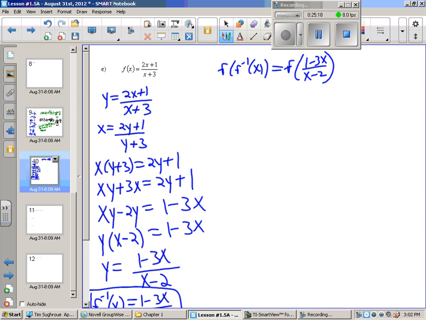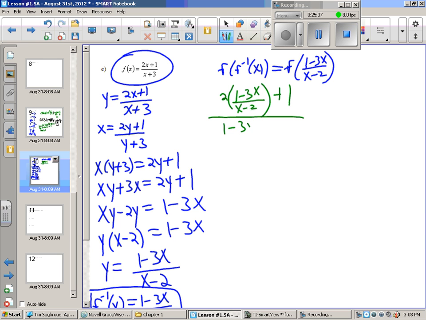It says take 2 times whatever comes in, add 1, over whatever comes in, plus 3. Okay? That's what this function defines for us to do.